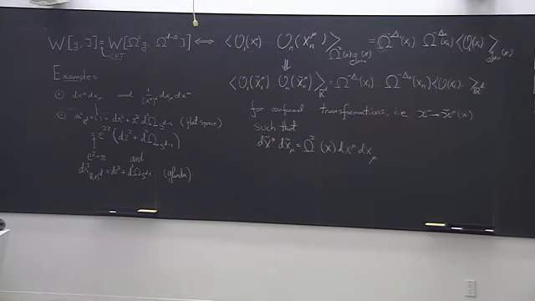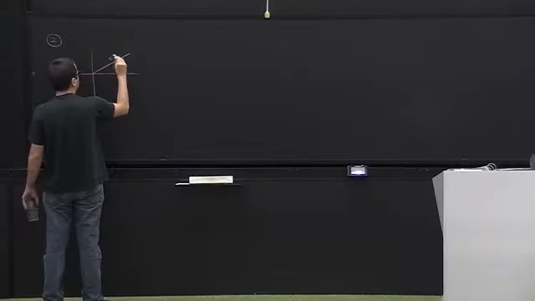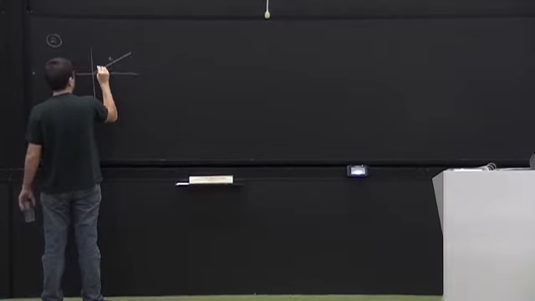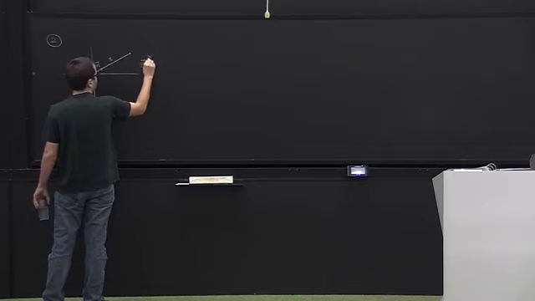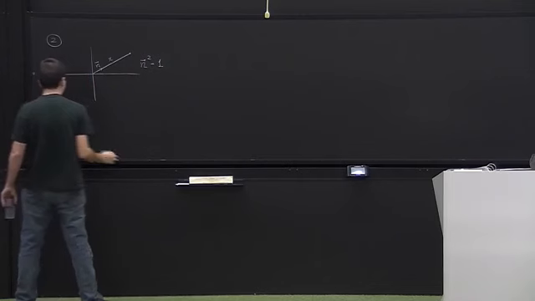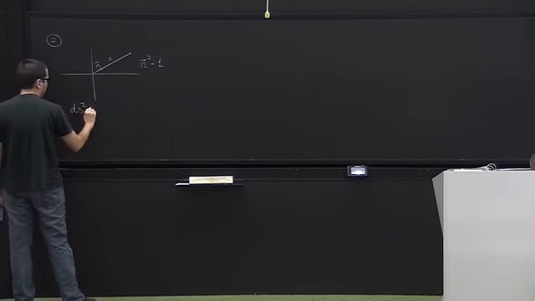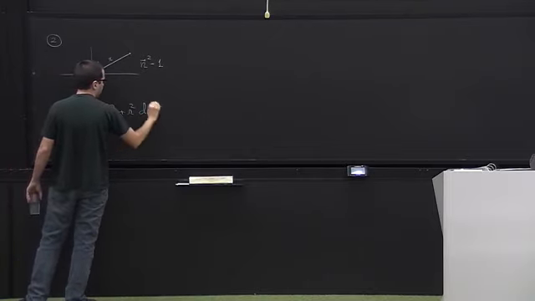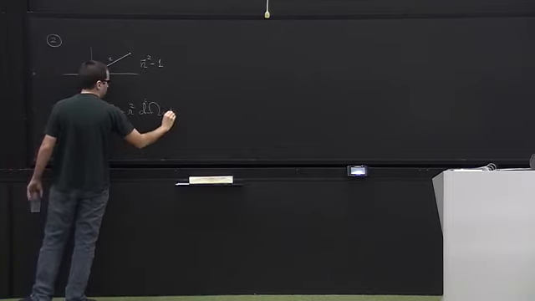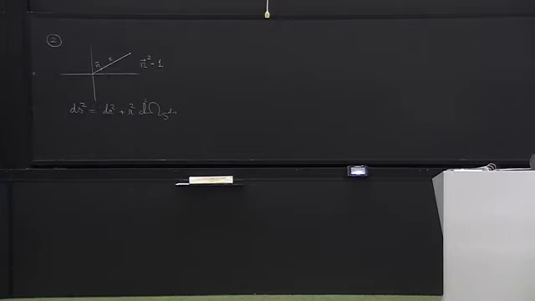We start by writing flat space in radial coordinates, where a given point is at some distance r and in some direction n. Okay? Where n is a unit vector that tells me the direction, such that I can write my metric as dr squared plus r squared times the metric of a unit sphere of d minus 1 dimension.